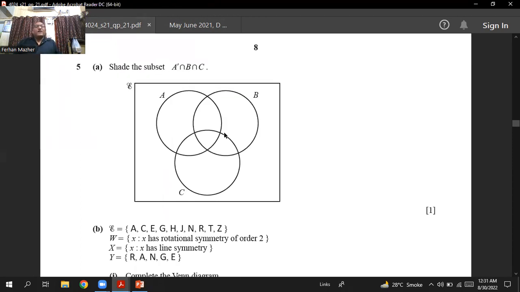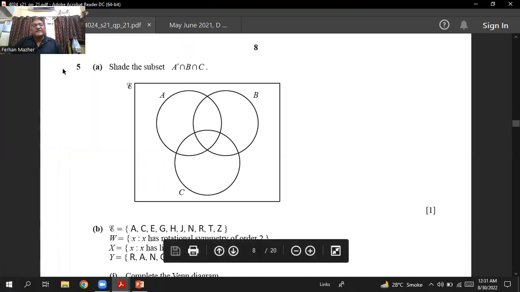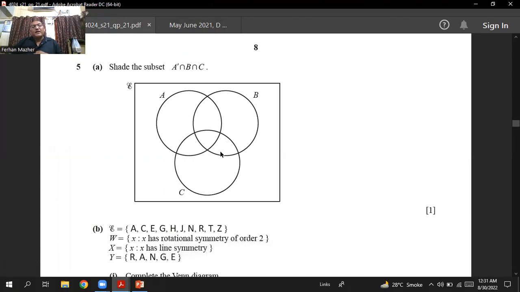So question number 5 is coming up on your screen. It says shade the subset A complement intersection B intersection C. So you have to remain outside A, and outside A you will take the portion which is common to B and C. So that is this small portion, this one.